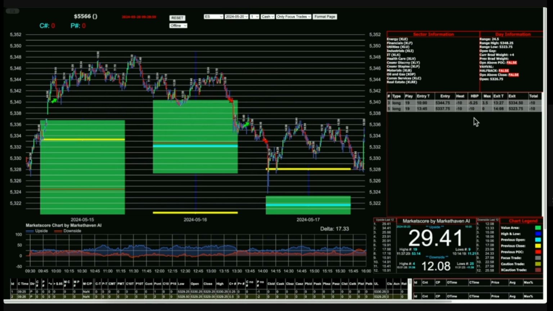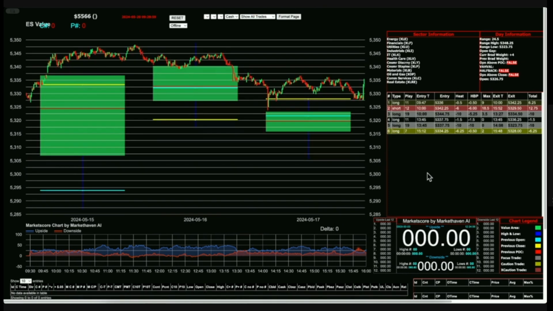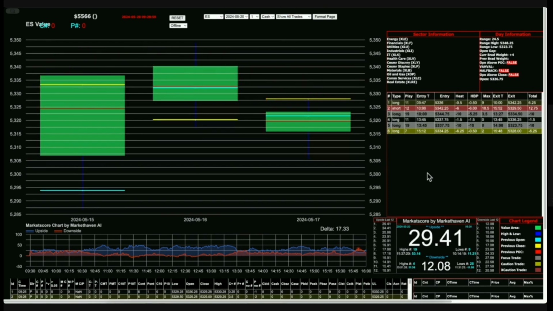Well, the mathematics behind that uses a lot of the value area data. First of all, the key is that it uses Marketscore. Marketscore has a lot to do with how it decides when to take a trade. I'll just give you guys a quick Reader's Digest version of how this works.